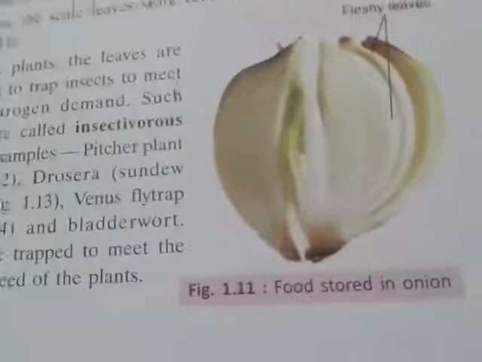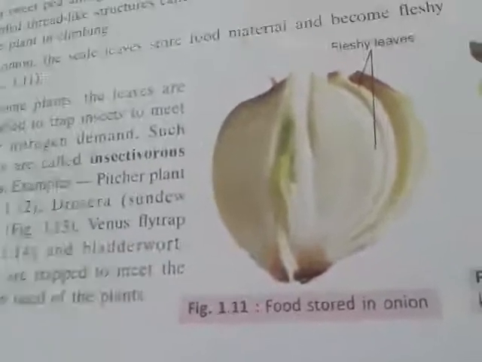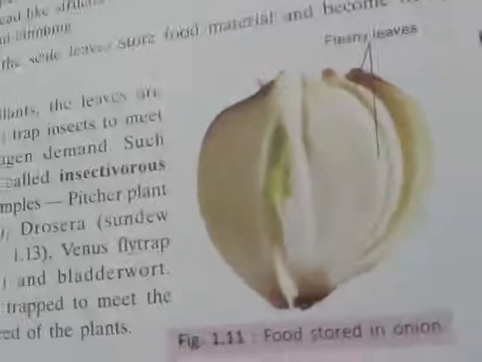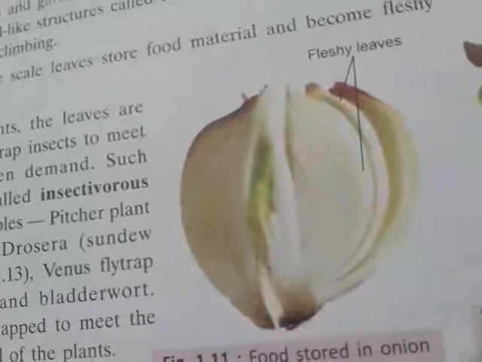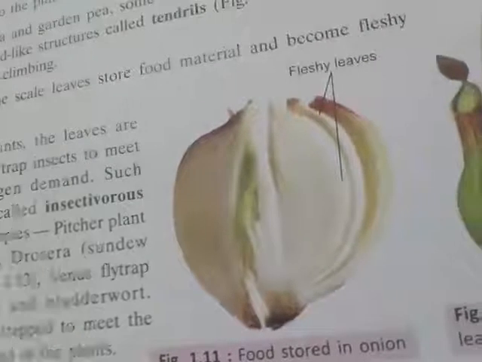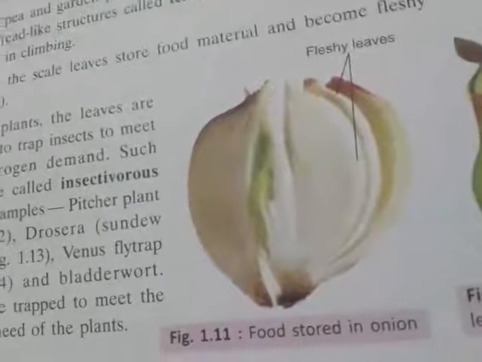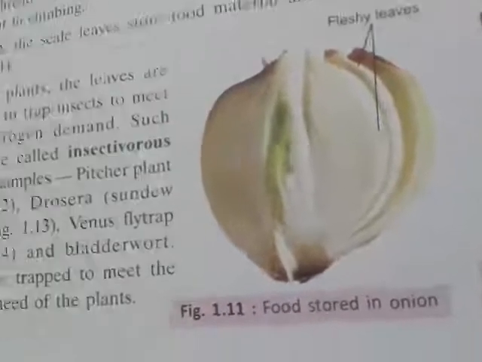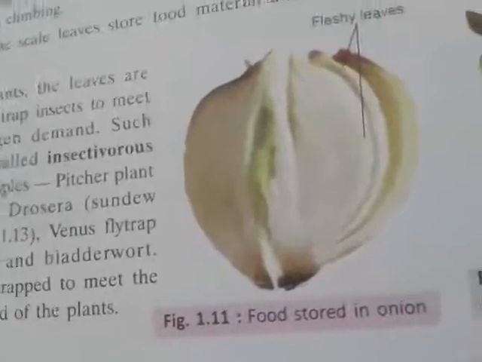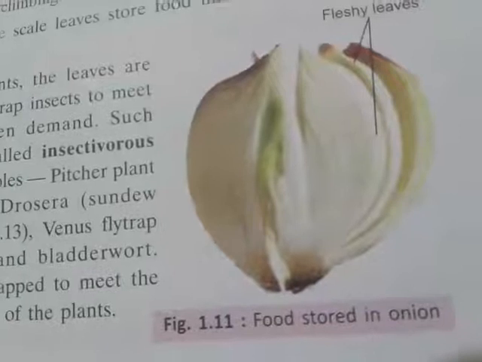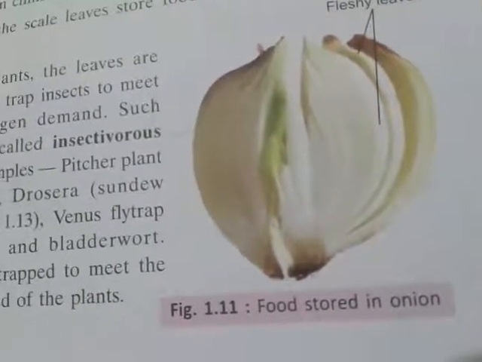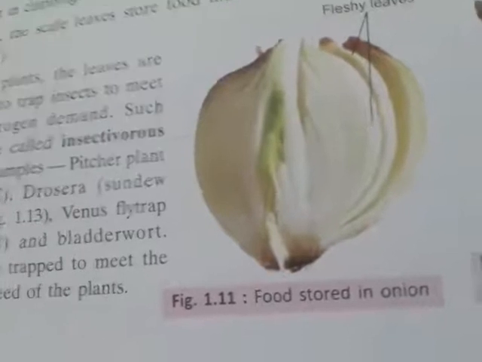Another is that some food is also stored in the onion. We learn these things in higher classes, and at that time we will learn the structure of the onion. In many plants food is stored in the fleshy part. In a mango there are parts we will learn, like mesocarp, epicarp and pericarp, in the next chapters.